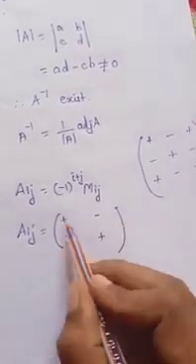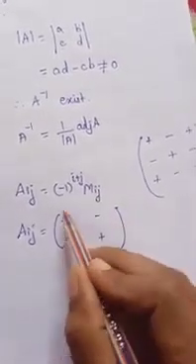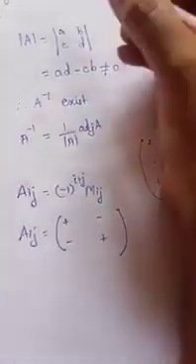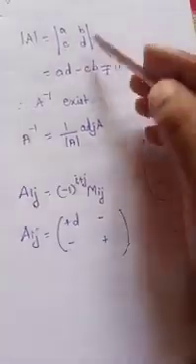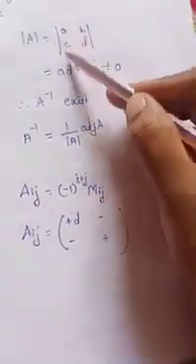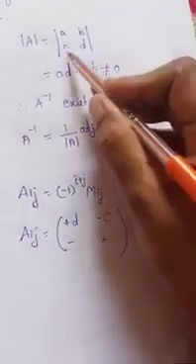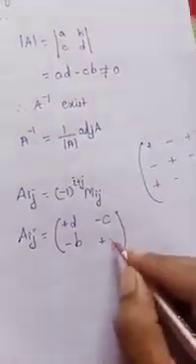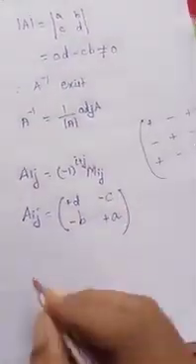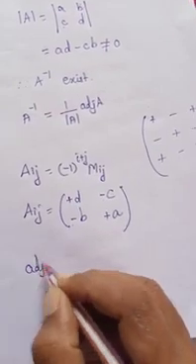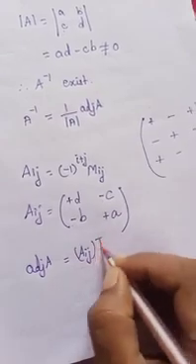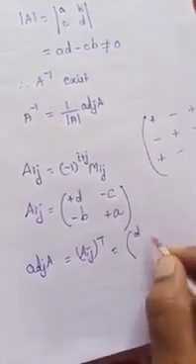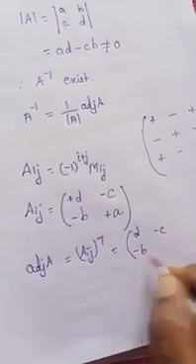Actually here, how will we find Mij? Leaving the corresponding row and column, for this position the element is D. For this position, leaving the corresponding row and column, the element is C. Here it is B, and for this position, leaving the row and column, it is A. Now we can find adj A. We know adj A is equal to the transpose of [Aij], that is the transpose of [D, minus C; minus B, A].